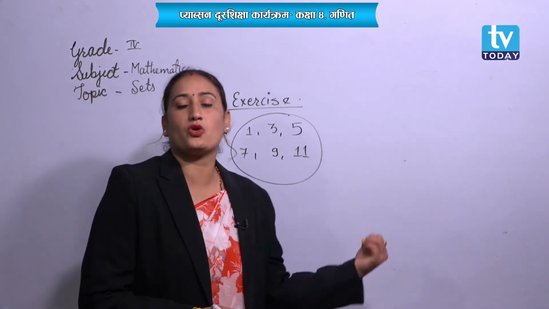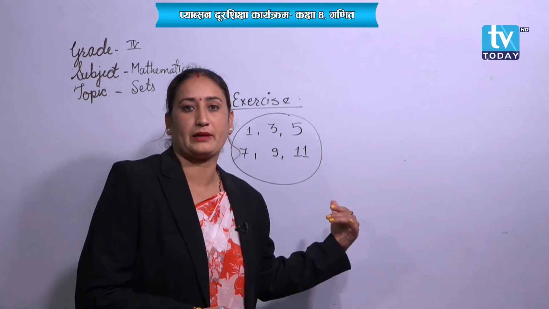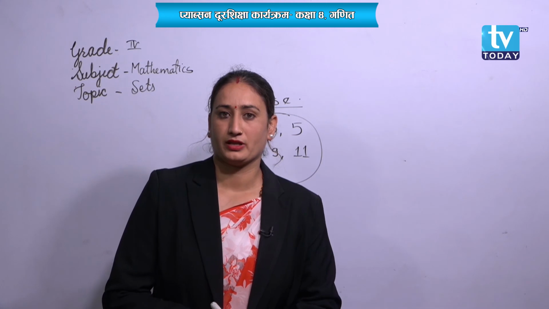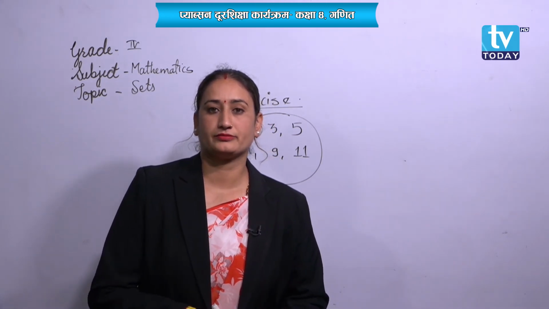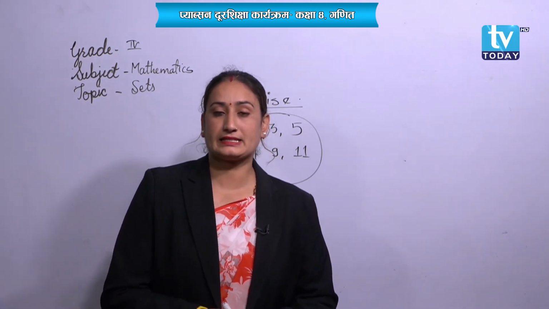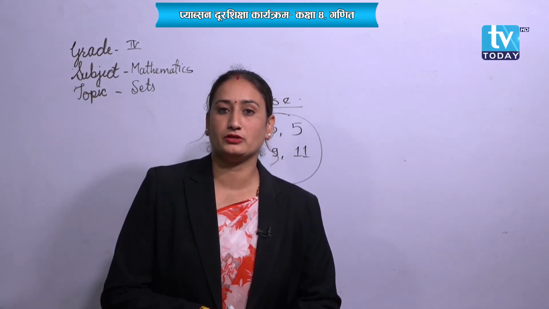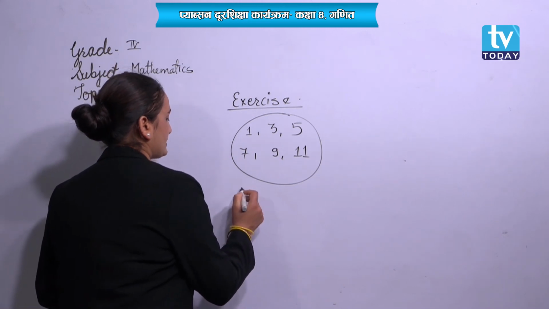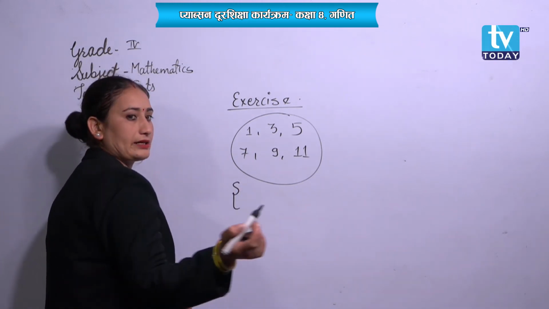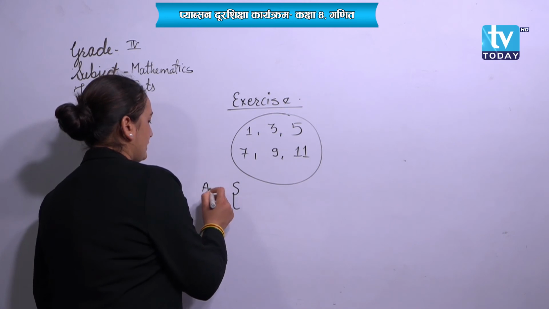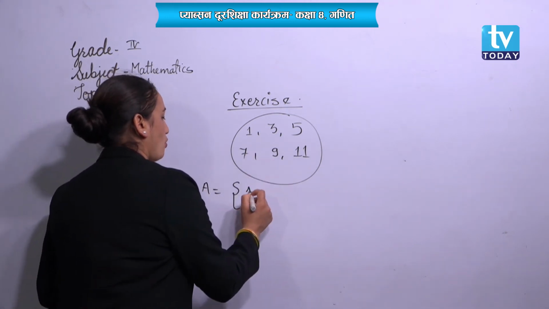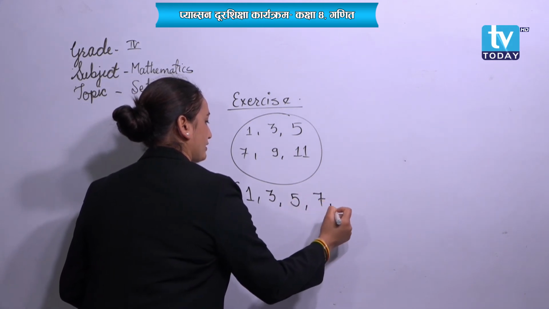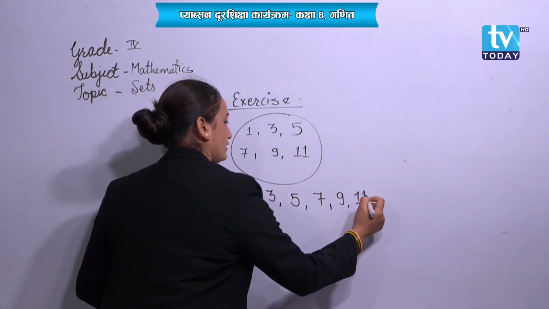So it is shown through a picture. That means we call it a diagrammatic set. So can we list it out? Yes, of course. For the listing method, you have to write in a curly bracket. You can simply give a name, A equals to curly bracket 1, 3, 5, 7, 9, 11.